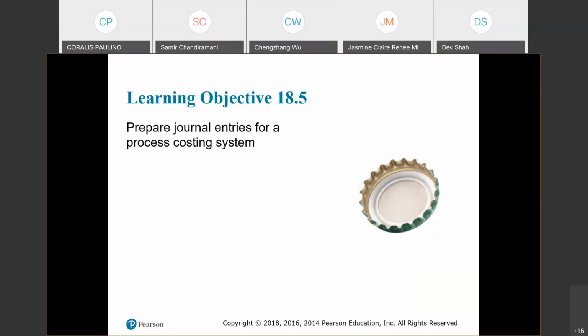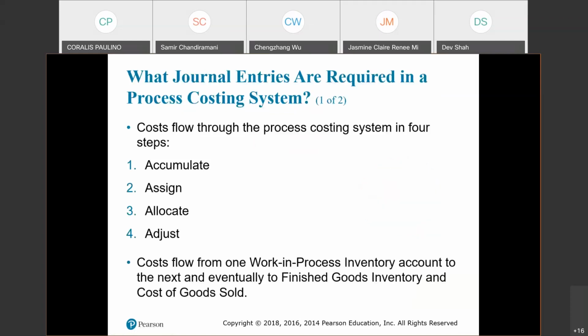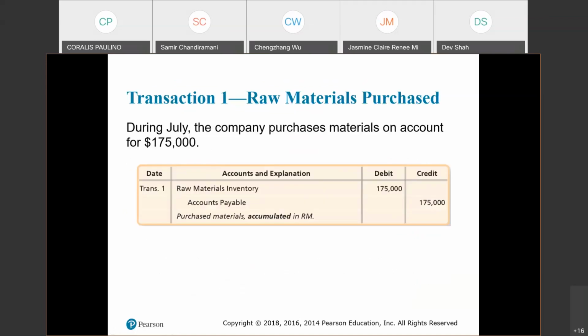So, following is the description for the journal entries associated with this company in this accounting period. Well, the first journal entry, let's see.